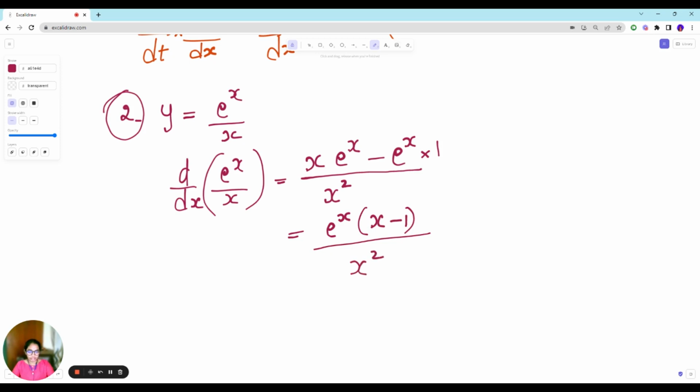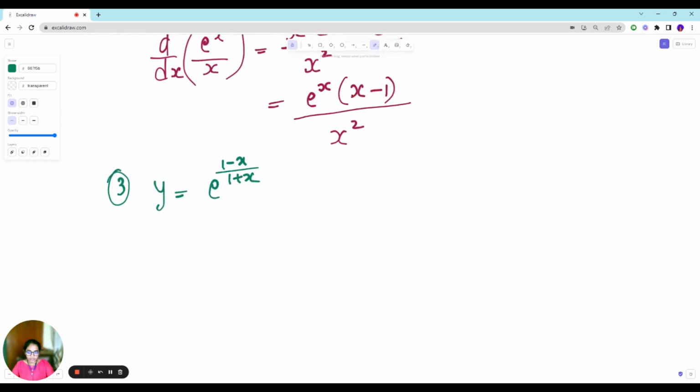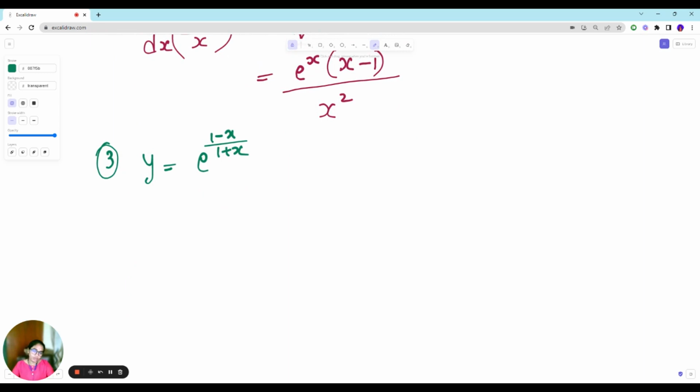divided by x square. Now the third question is, again find the derivative of y is equal to e power (1 minus x) divided by (1 plus x). Use the substitution method. What will you take as t?